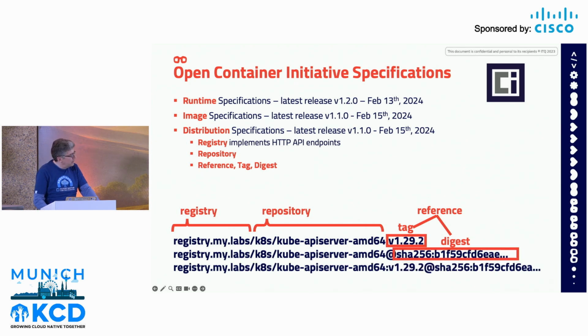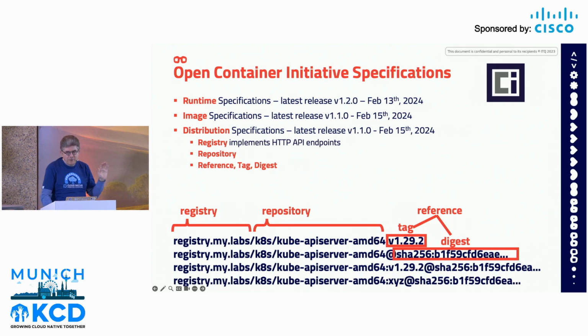Both can be used at the same time: the tag for humans and the digest for uniqueness. But in that case, only the digest is taken into account by the registry client to push to the registry server. So the notation with both is only for humans to understand that this hash means this version.